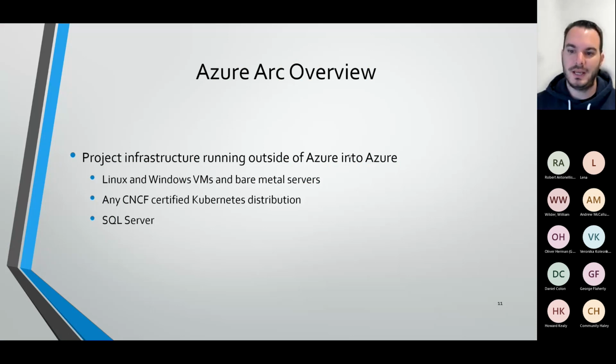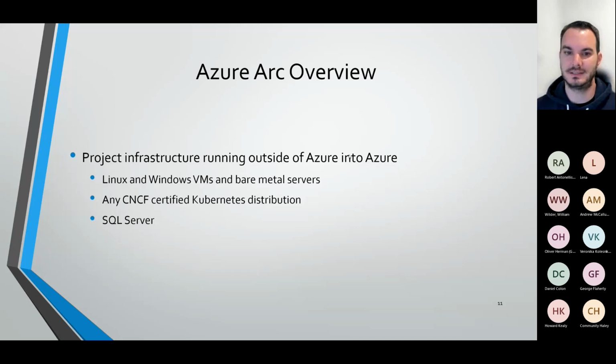And due to all the limitations, I discovered Azure Arc, and I thought this might be something useful, so we built a proof of concept around Azure Arc. So what is Azure Arc? It's a way to project your infrastructure that's running outside of Azure into Azure.